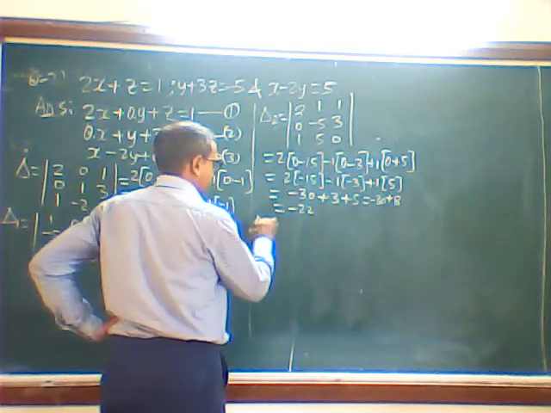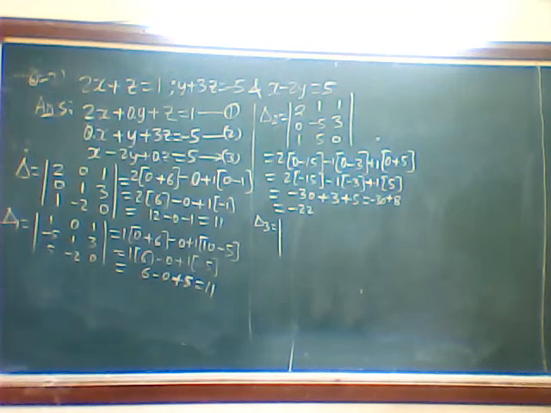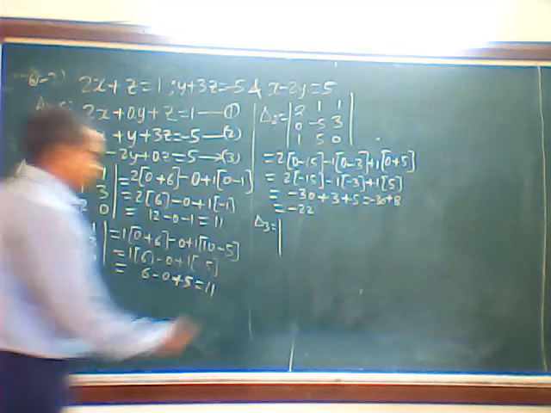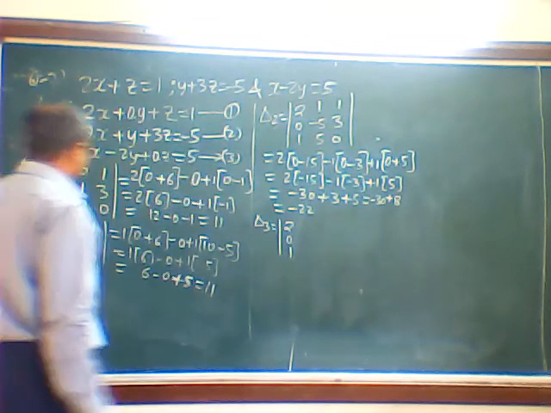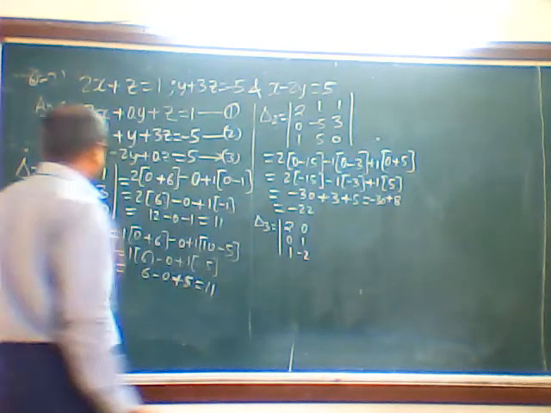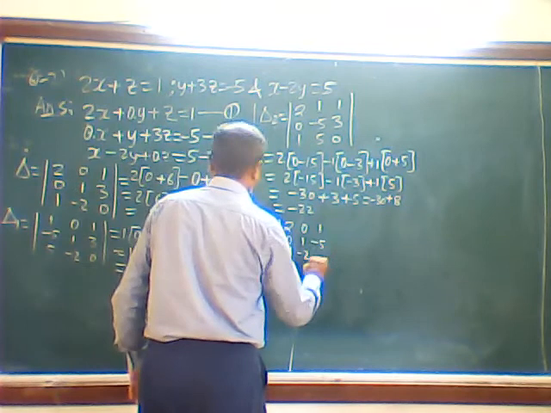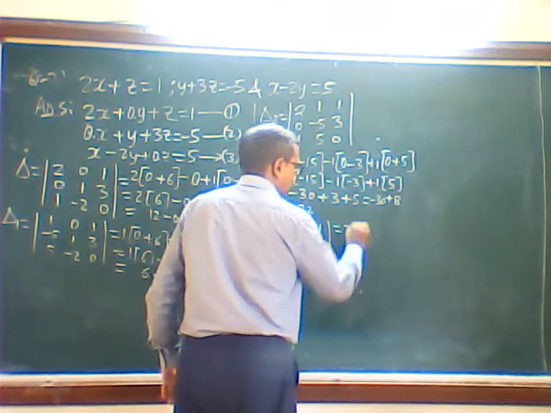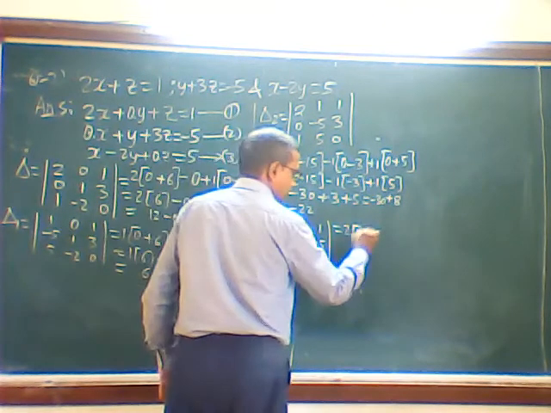Delta 3. Delta 3 is what? Again it comes to delta. First column as it is, 2, 0, 1. Second column 0, 1, minus 2. Third column replaced by 1, minus 5, 5. First row, first column deleted: 1 into 5, 5.